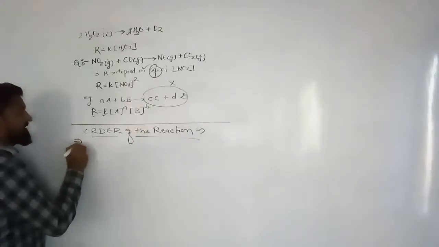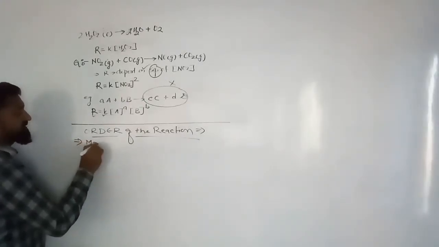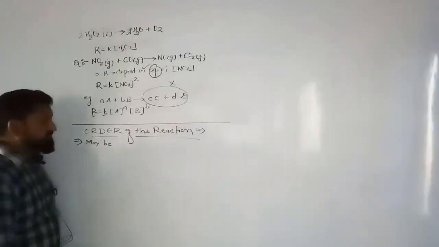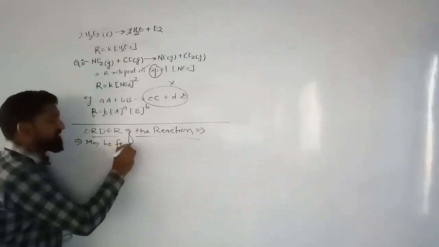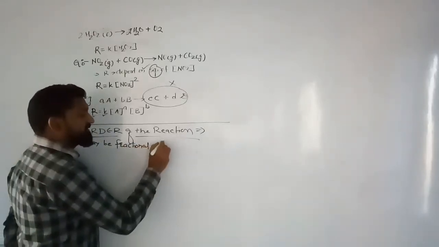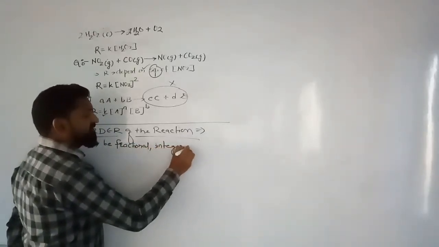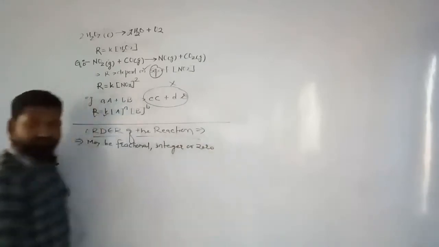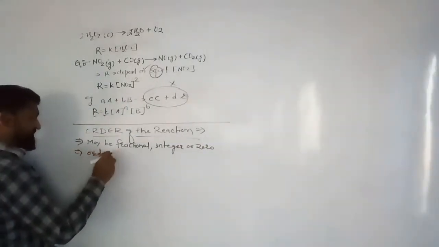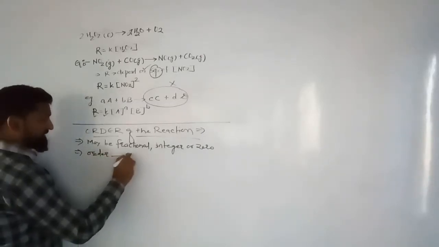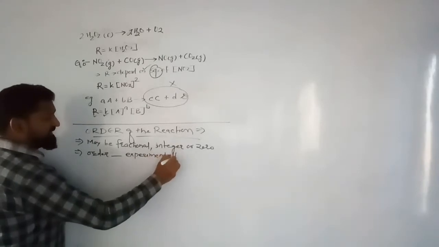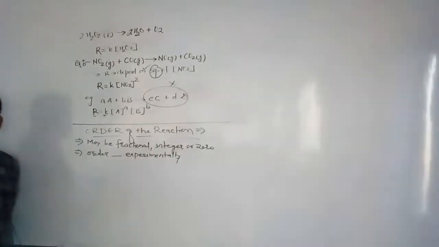Order of the reaction may be fractional, integer or 0. After that, order is calculated experimentally. How is it calculated? It is calculated experimentally.